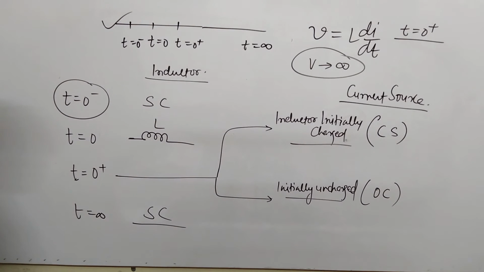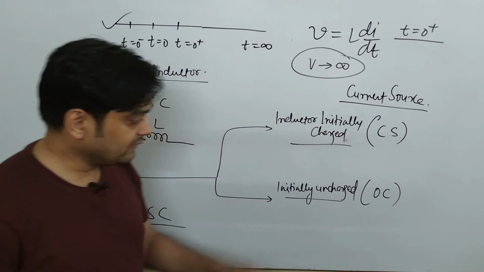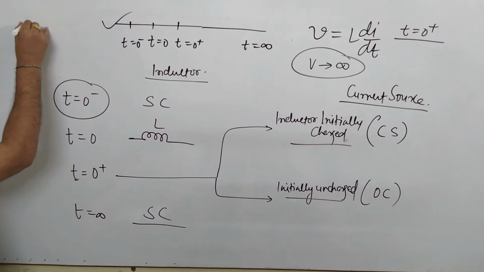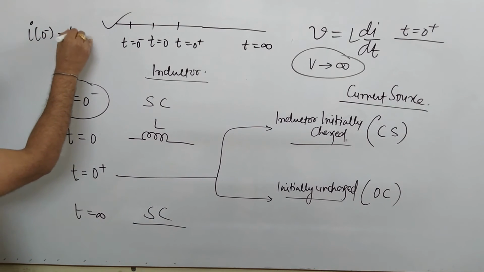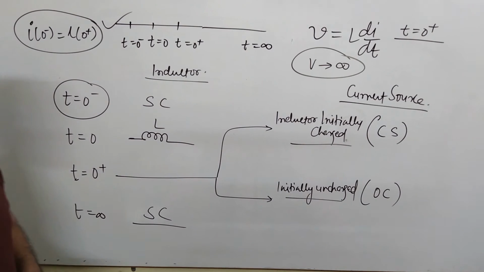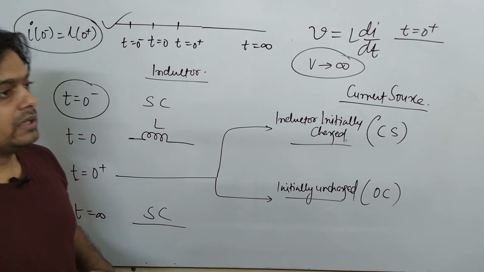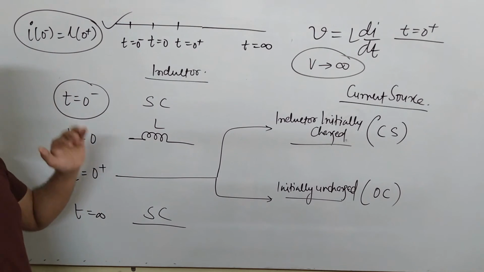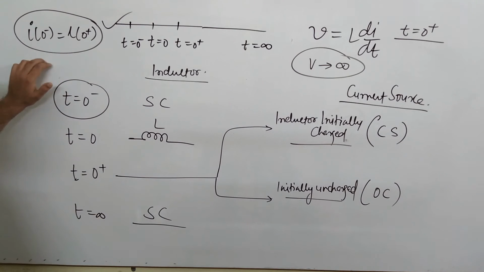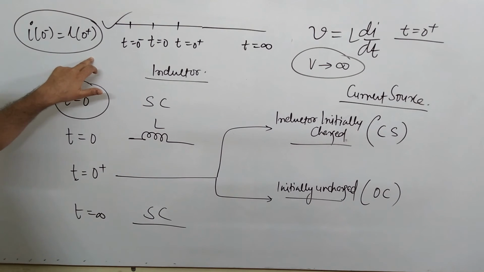So from here you can say that it behaves like an open circuit. Since it is not possible, I0 negative and I0 positive are always equal, and that's why we say that the instantaneous value of current, or an abrupt change in the value of current across the inductor, is not possible. That's why I0 negative and I0 positive are equal.